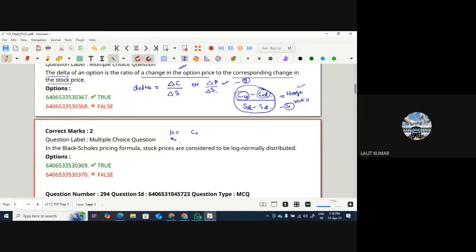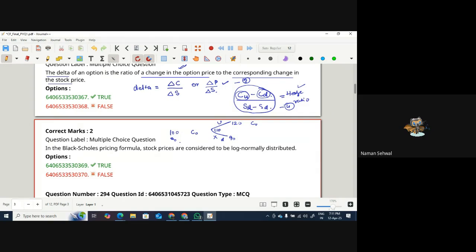Then we say the strike price is 110, for example, this is X. So we say that there are two scenarios only. Either this share can increase to rupees 120 or decrease to rupees 90. So this CU is your profit, this is U and this is D, down.